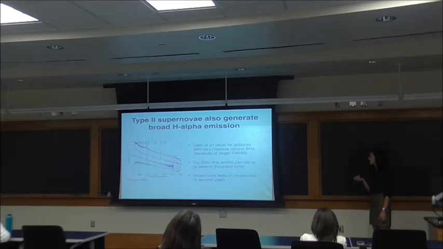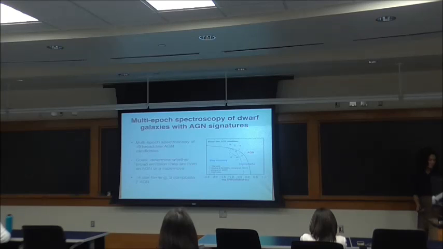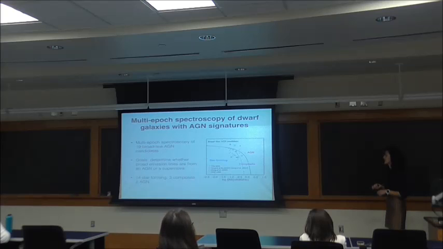However, the thing is with type 2 supernovae that these broad lines will fade on timescales of several years, whereas in general with an AGN you expect them to stick around, unless it's something like a changing look AGN, which are relatively rare. So what I did was multi-epoch spectroscopy of these dwarf galaxies with broad H-alpha emission.